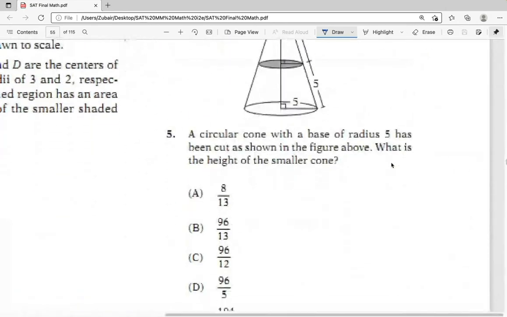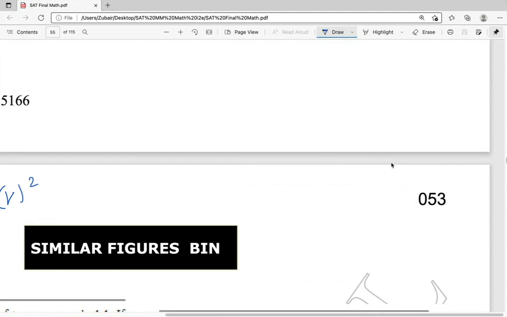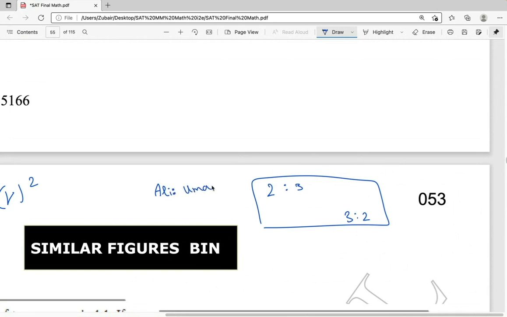Now, before question 4 and 5, you'll try 4 and 5. Do you understand that 2:3 and 3:2 are entirely different? Suppose we are talking about the distribution, Ali's ratio, Omer's.